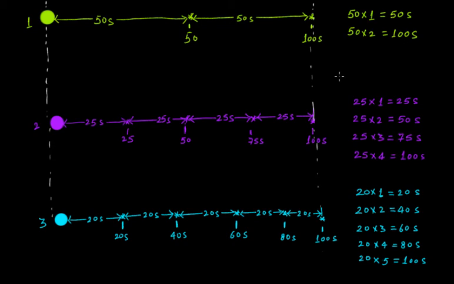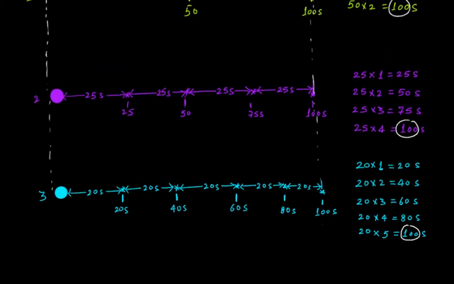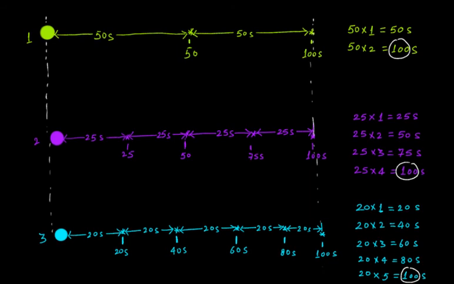Now, if you mathematically try to see it, you can clearly see 100 here, 100 here, and 100 here. 100 is the least common multiple. Let me show you. Let me write here: LCM is 100. You can clearly see that.